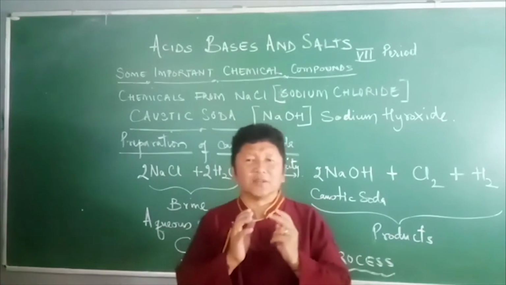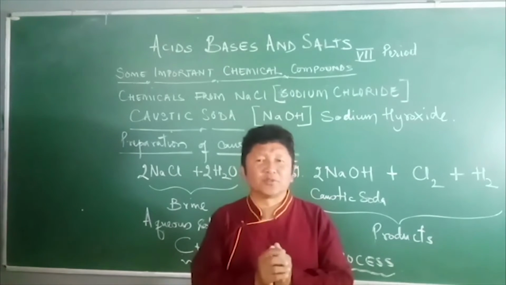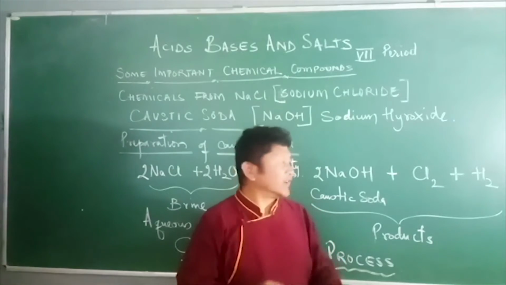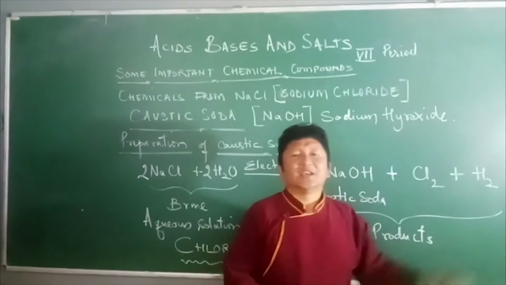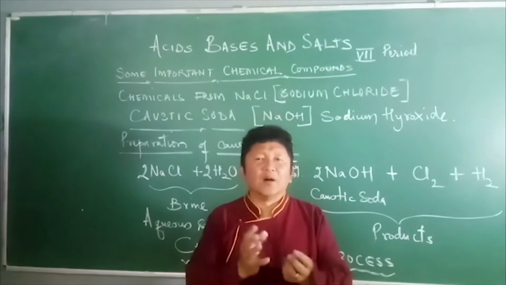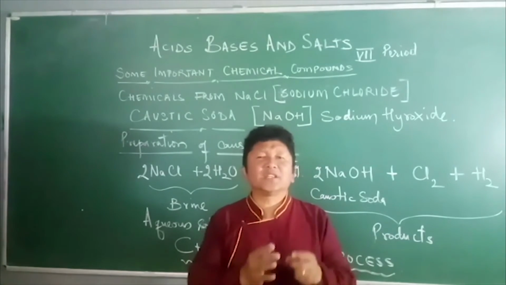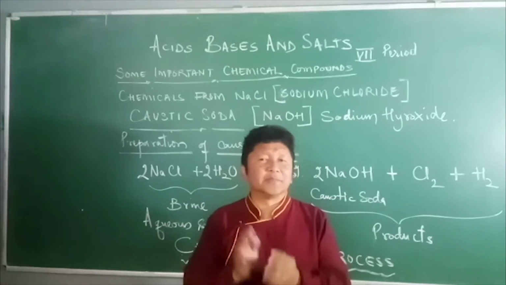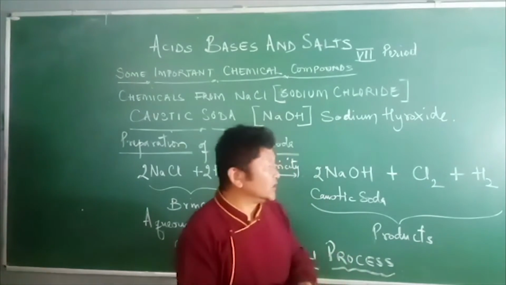On the other hand, hydrogen gas is also used in the manufacture of ammonia, which is used in the preparation of fertilizers.